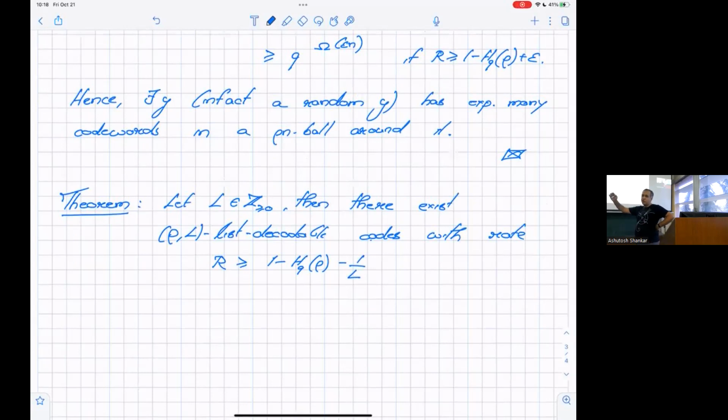You can go very close to 1 minus H_q(rho). The only thing is you'll be below it by a factor of 1 over L. That said, you cannot go above it by any epsilon factor. This says you can make L as large a constant as you want. Therefore, as you allow larger and larger L, you can come closer and closer to the curve 1 minus H_q(rho).